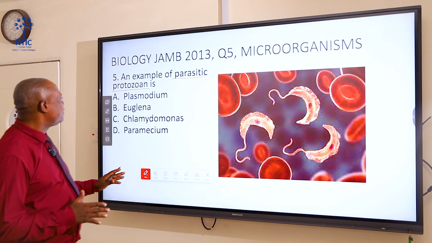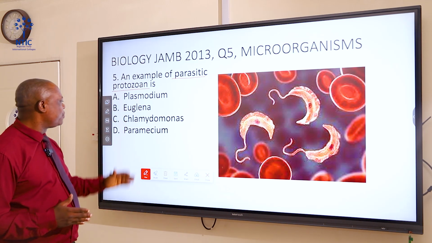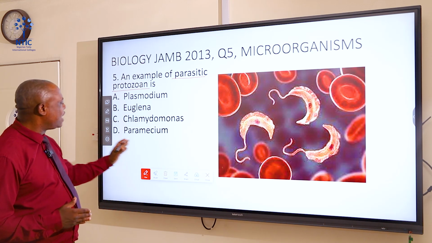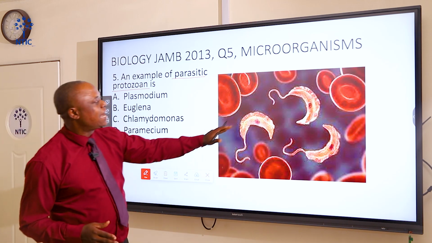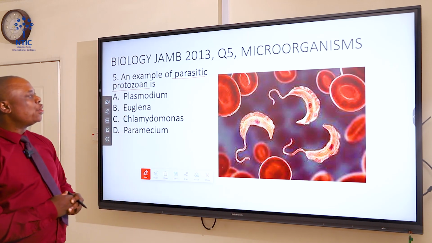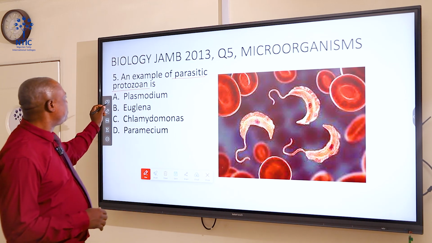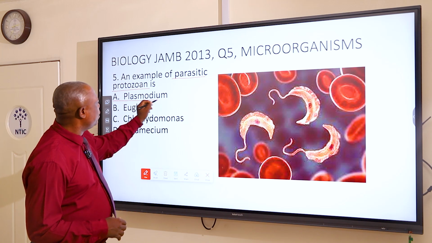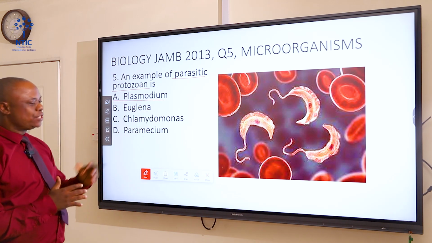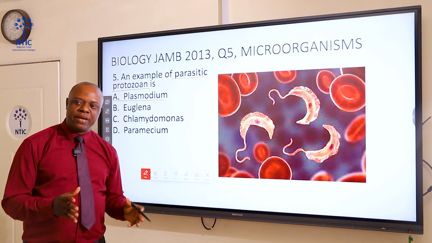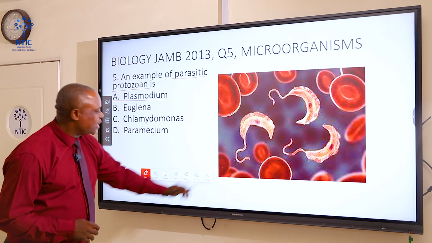Here we have option A, Plasmodium, Euglena, Chlamydomonas, and Paramecium. From the diagram, you see pictures of Plasmodium in the bloodstream. Therefore, Plasmodium is a parasitic protozoa, which is usually transmitted by the female Anopheles mosquito. We go to the next question.